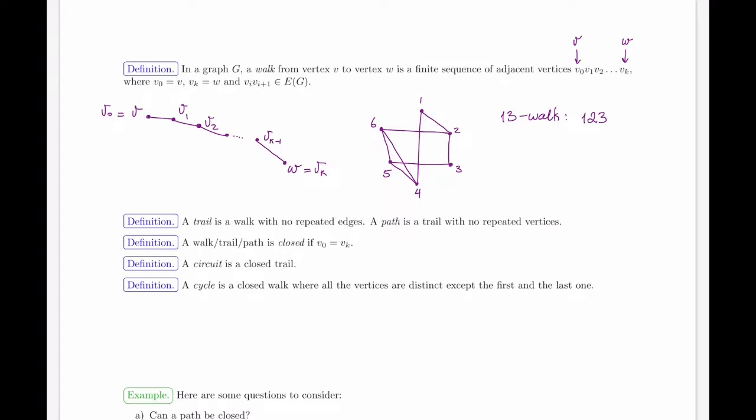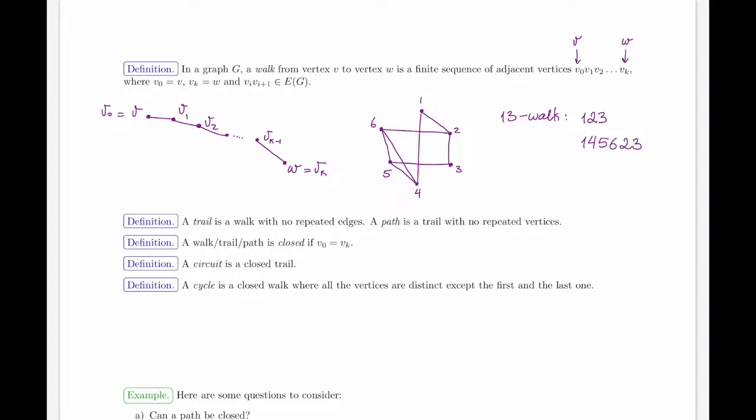So let's say I can go 1, 4, and then I can go to 5, and then maybe I can go to 6, and then I can go to 2. 1, 4, 5, 6, 2, and then I can end up at 3. Okay, this is a perfectly nice walk as well. I can repeat vertices like I did here. Or did I repeat vertices? No, I didn't repeat vertices in this case. I repeated edges, right?